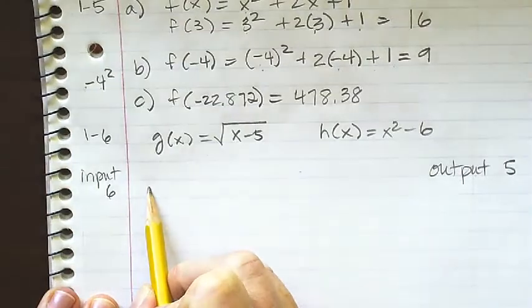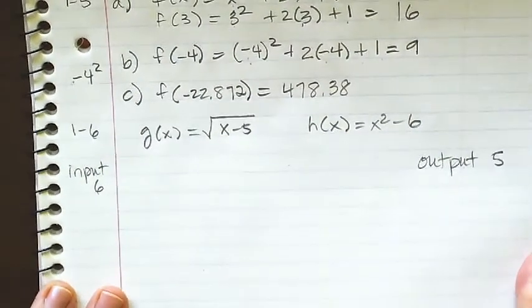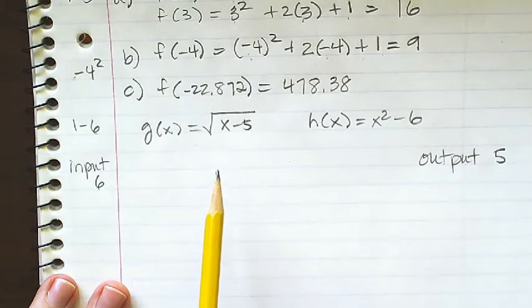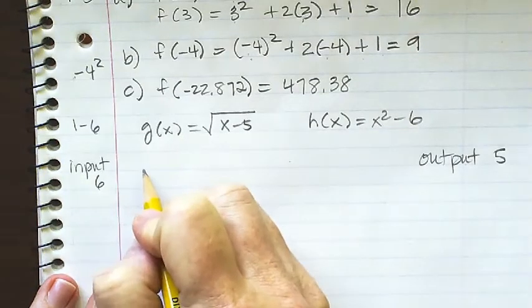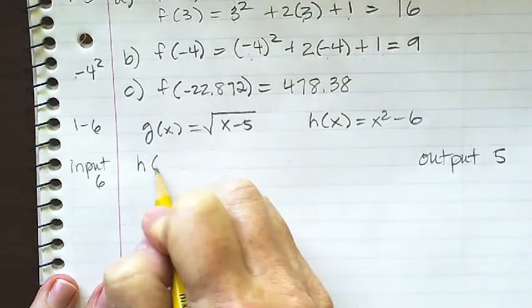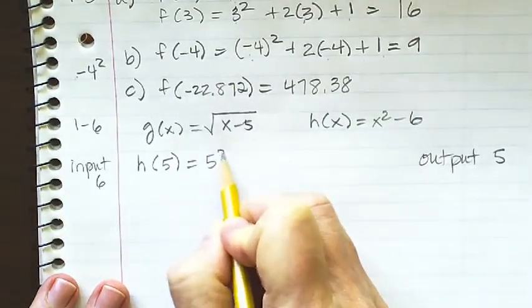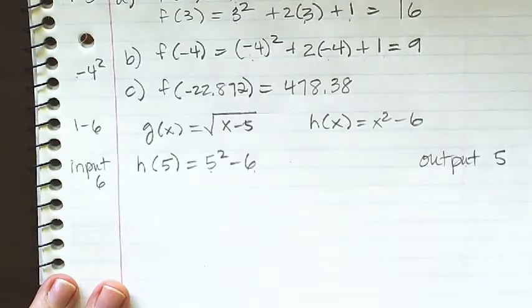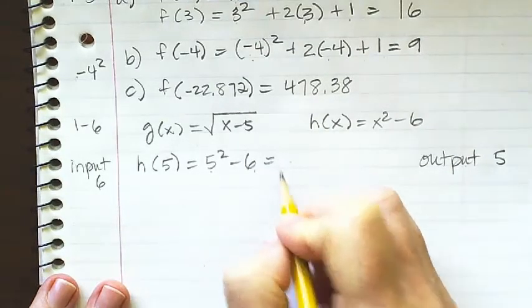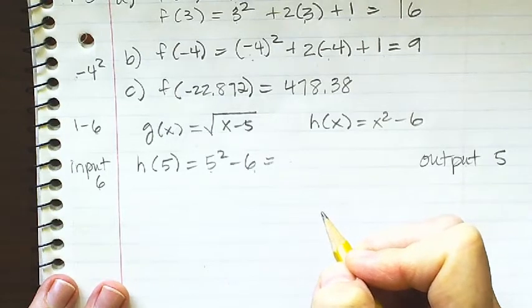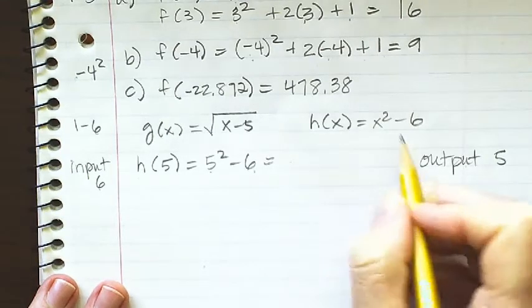Well, I happen to know that it's h first, so I'm going to just save some time and not do the other way. So for part A, if I do h of 5, that gives me 5 squared minus 6, which is 25 minus 6, which is 19. Oh wait, you know what? I think it's G first. No, it is H first.